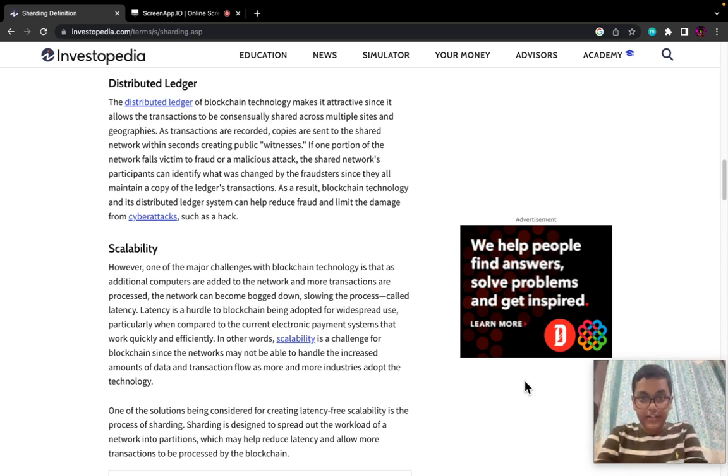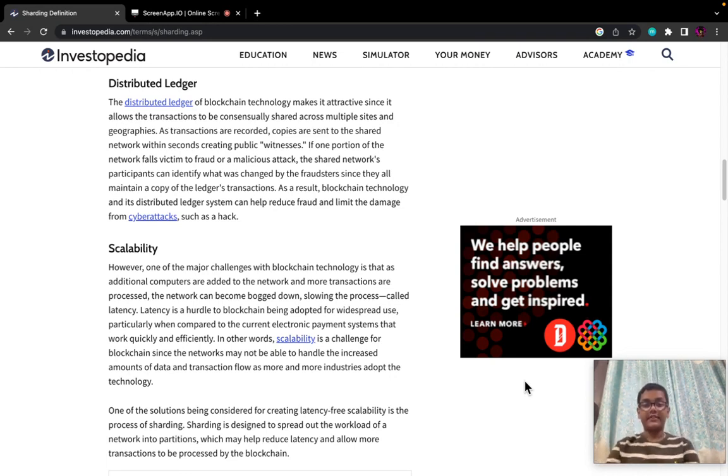The distributed ledger of blockchain technology makes it attractive since it allows transactions to be shared across multiple sites and geographies. As transactions are recorded, copies are sent to the shared network within seconds, creating public witnesses.